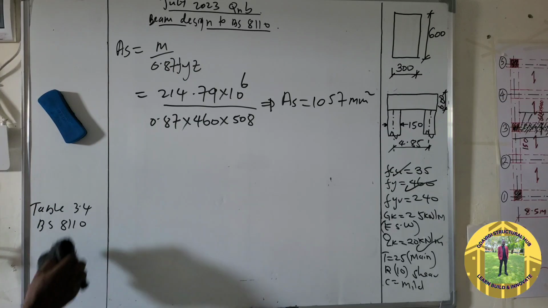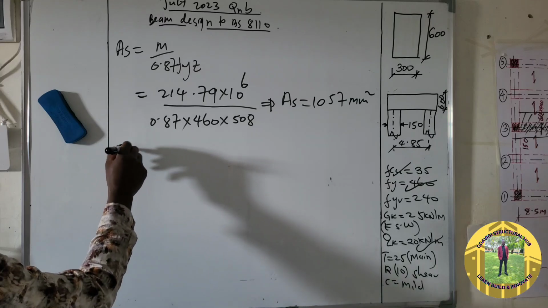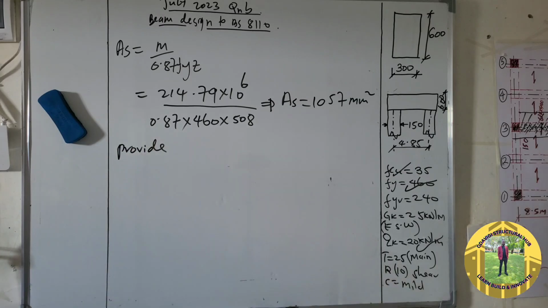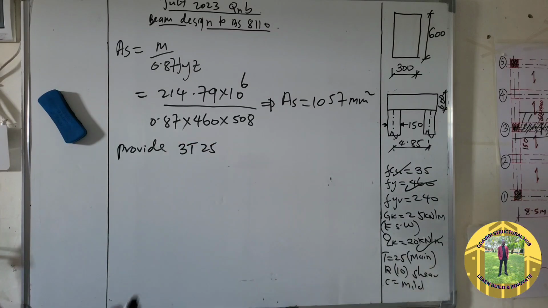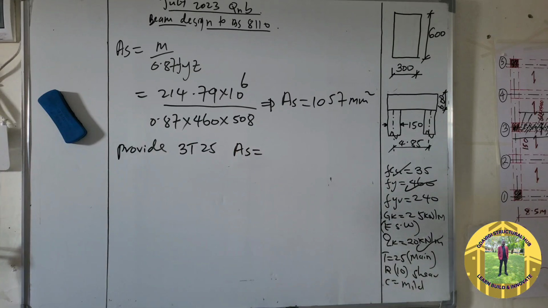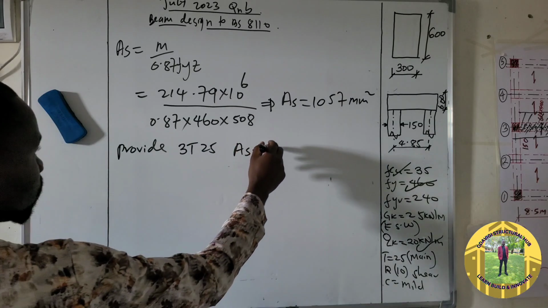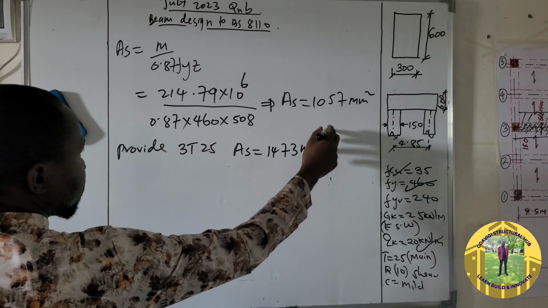So provide, as you have been told in the question, use T25 for main reinforcement. So provide 3T25 and the area of steel is equal to 1473 millimeter square.